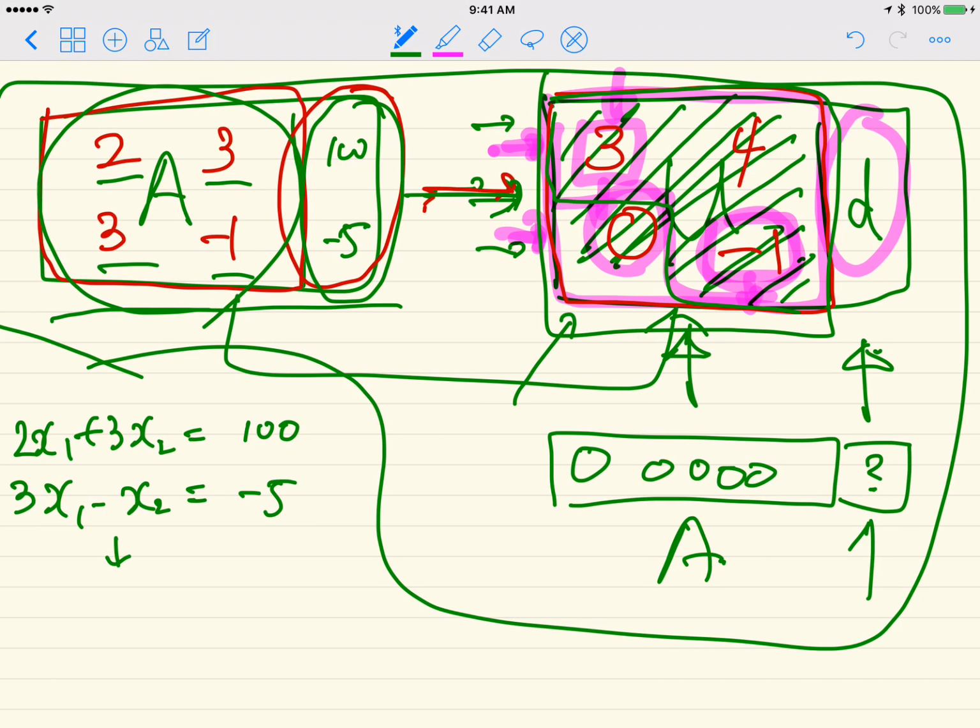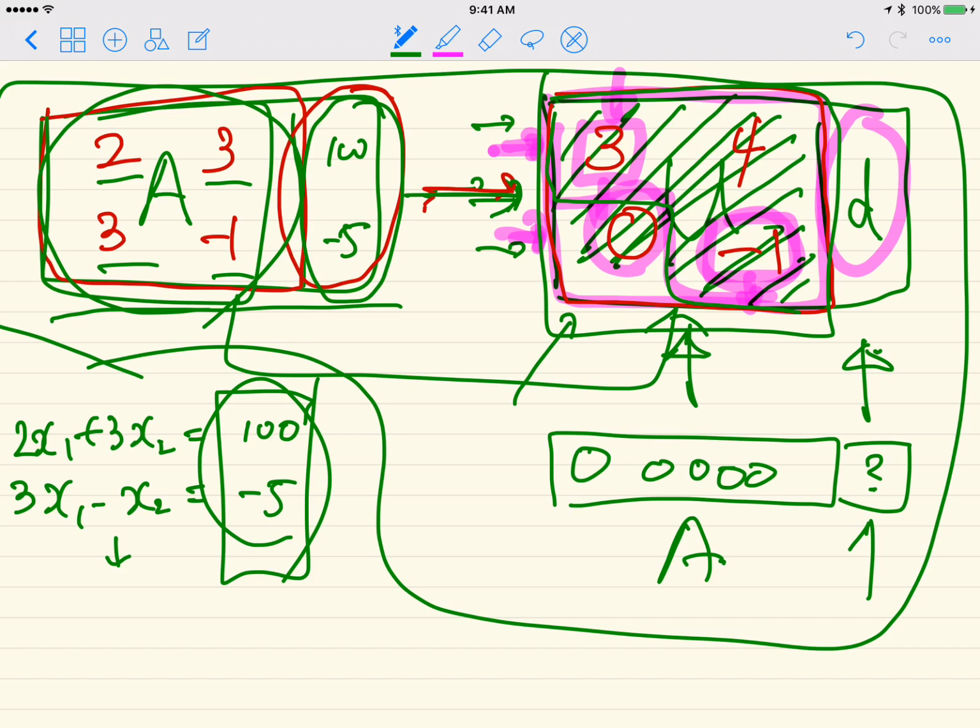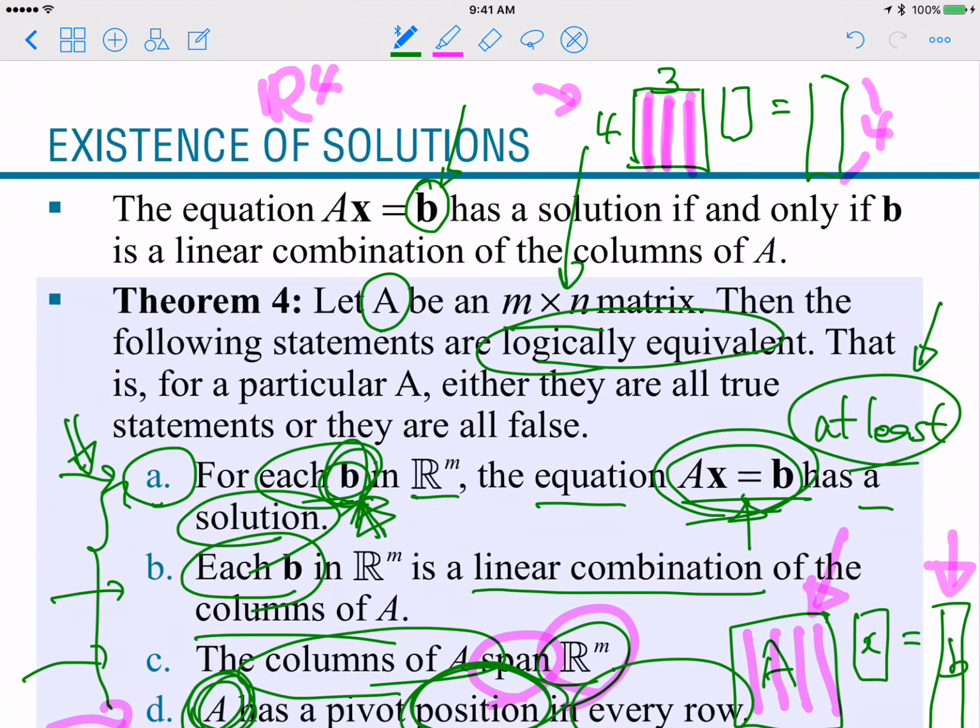So this theorem says, regardless of what these values are, for any values in this part, if the A part has a pivot in every row, then we can guarantee that we always have at least one solution or infinitely many solutions.